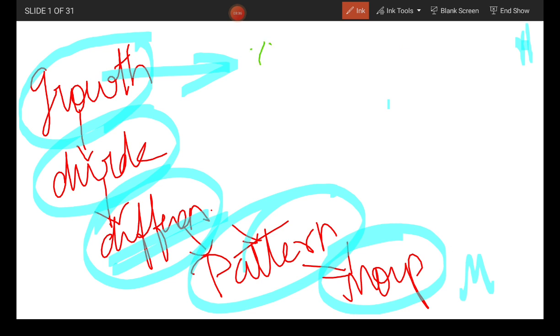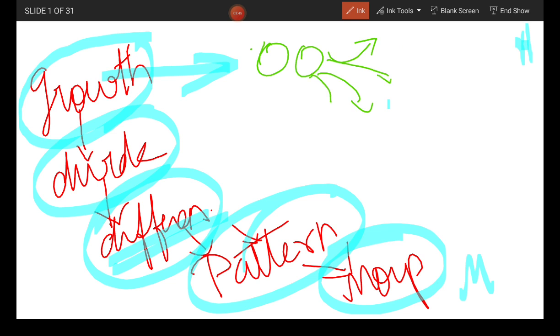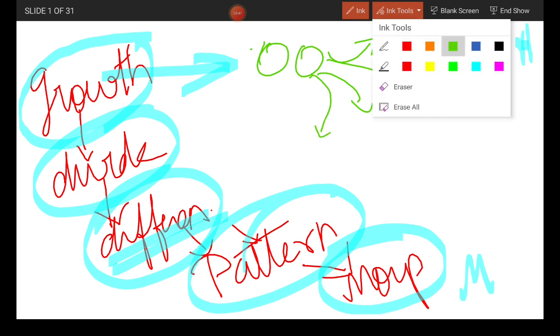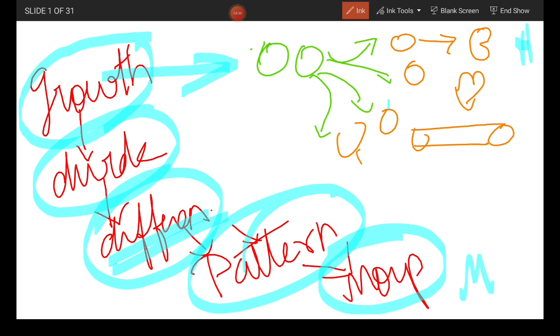The cell should grow, the cell should divide, and the cell should undergo differentiation into kidney cell, heart cell, muscle cell, nerve cell.